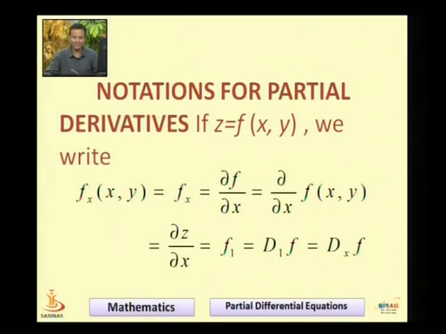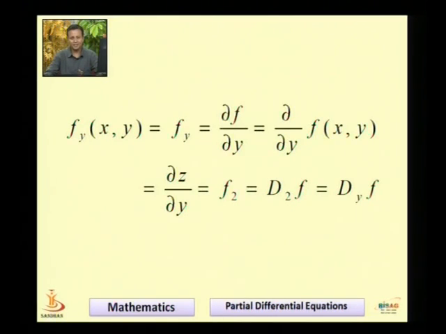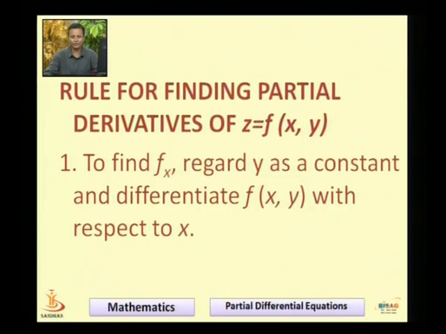All these are the same. These are different notations different authors or teachers use. Similarly, for the first order partial derivative with respect to the independent variable y, y is considered here as the second independent variable, so suffix 2 is used, or y itself is used for partial derivative with respect to y.